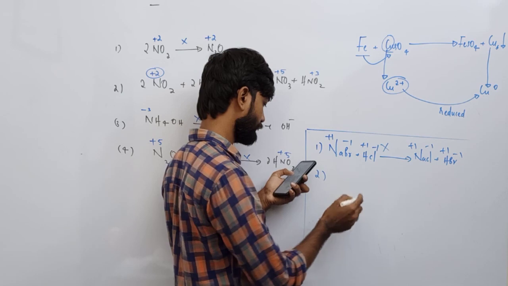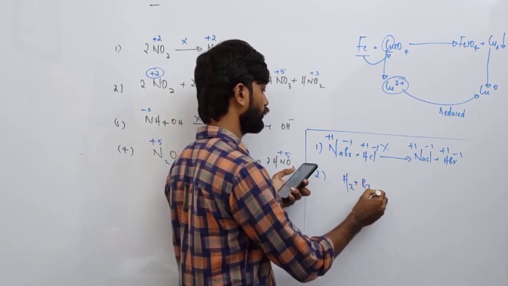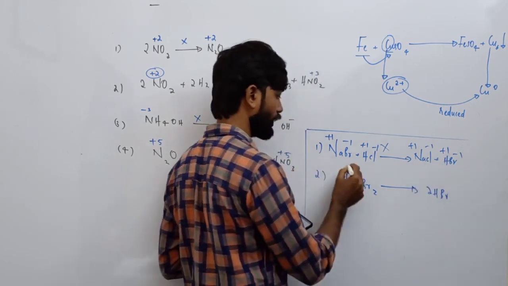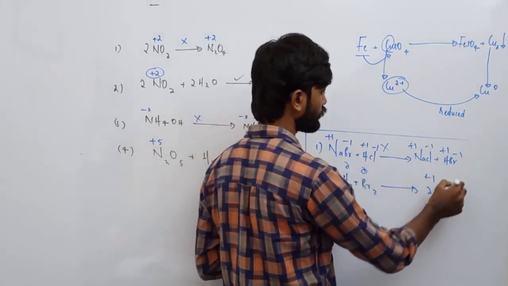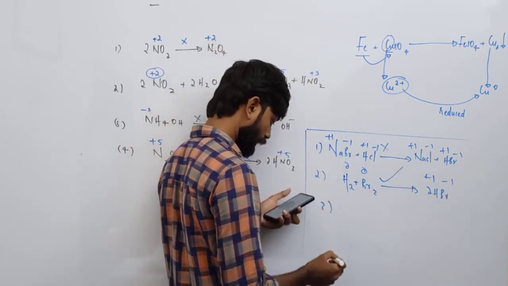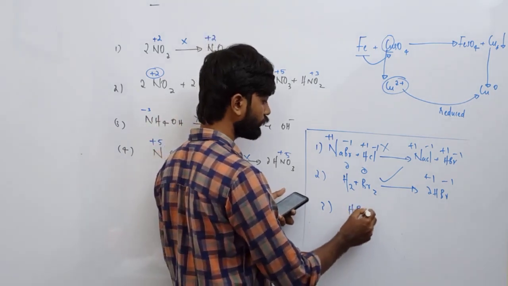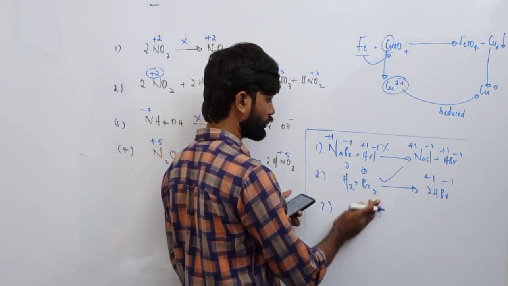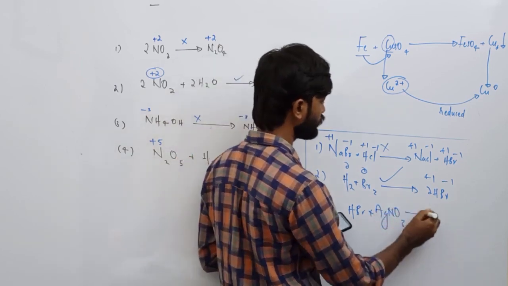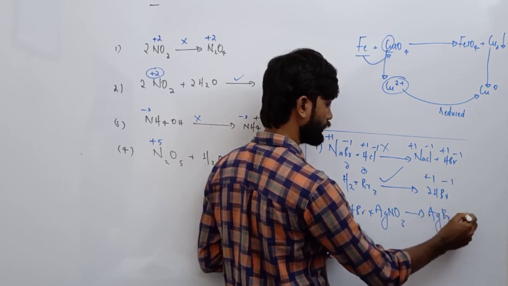The next case is H2 plus Br2 gives 2HBr. This is not a hydrolysis or an acidification of a salt. The oxidation state goes from 0 to +1 and -1, so this is a redox reaction. The third one is also acidification of a salt. The salt is AgNO3 and it is acidified using another acid, and it forms AgBr plus HNO3.